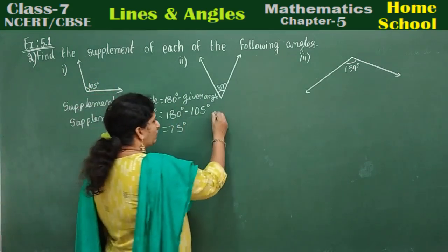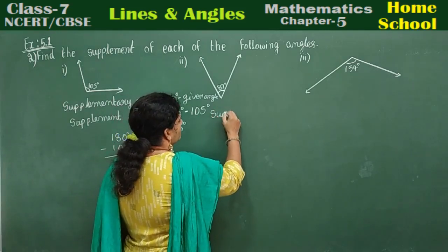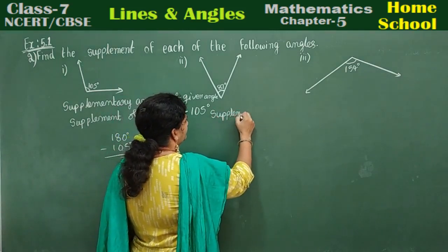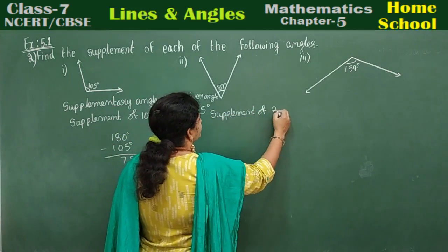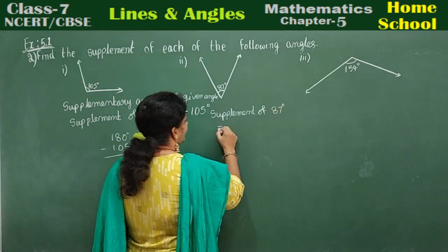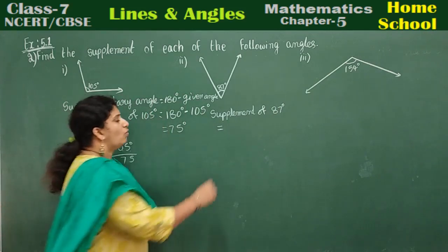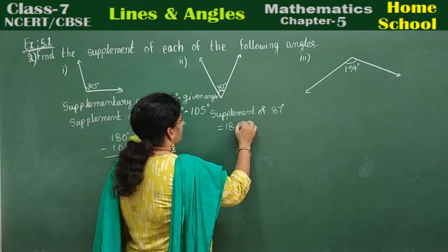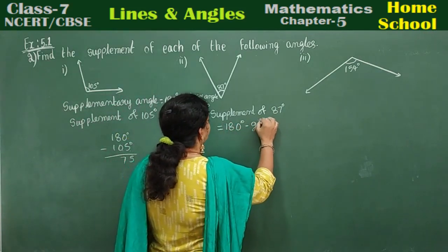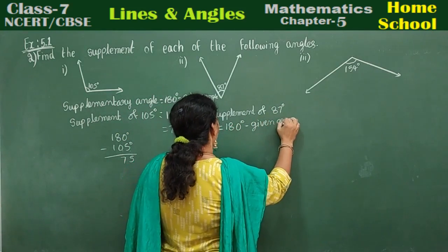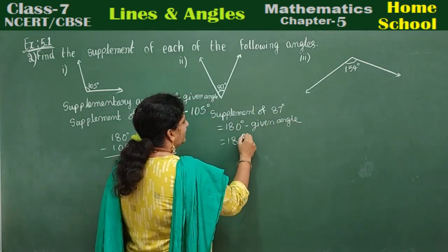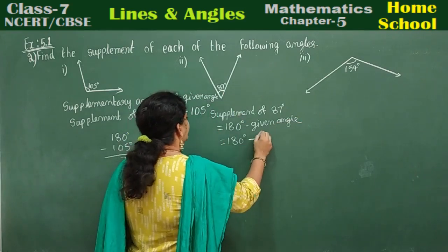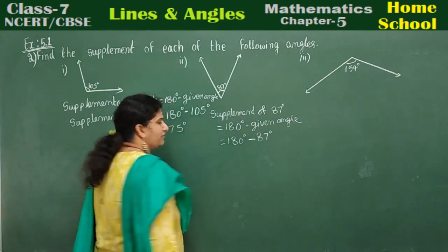Similarly, second one, supplement of what is the given angle here? Supplement of 87 degree is equal to 180 degree minus given angle. What is the given angle here? 180 degree minus 87 degree.